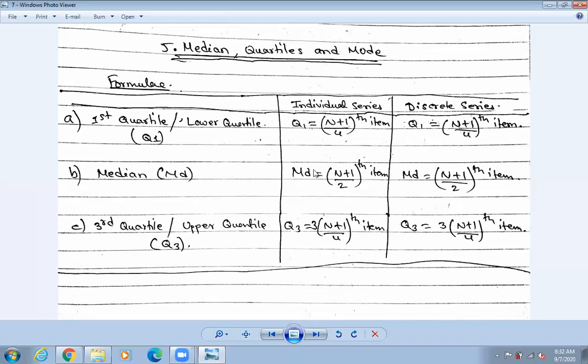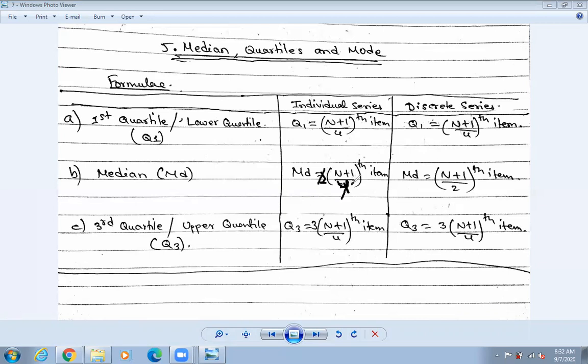Write 1, 2, 3 and on the other side 2 and 4, then 2 and 4 get cancelled, and 2 remains. I have taught you in class 8 also. Here it is 4 itself. So Q1 has 1, median has 2, and Q3 has 3. 2 and 4 will be cancelled.